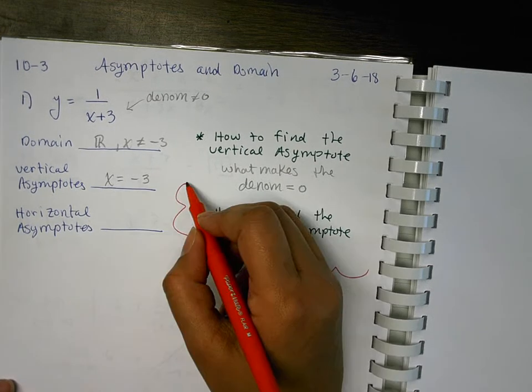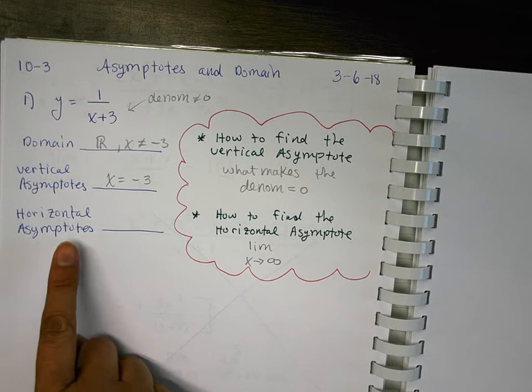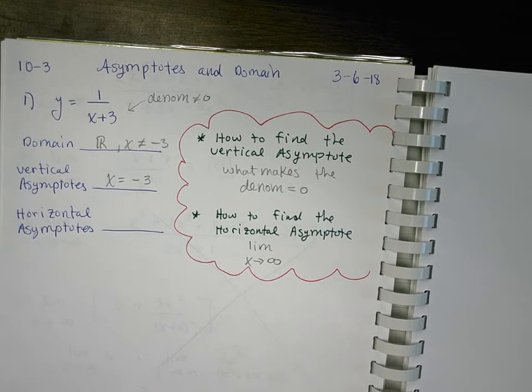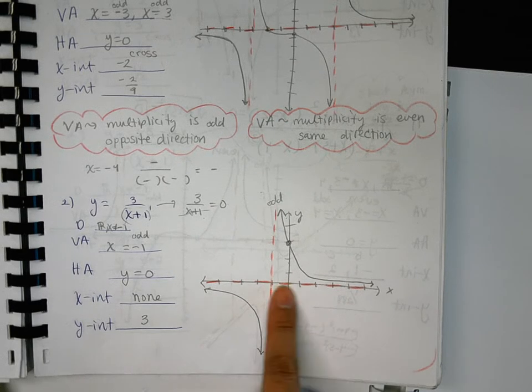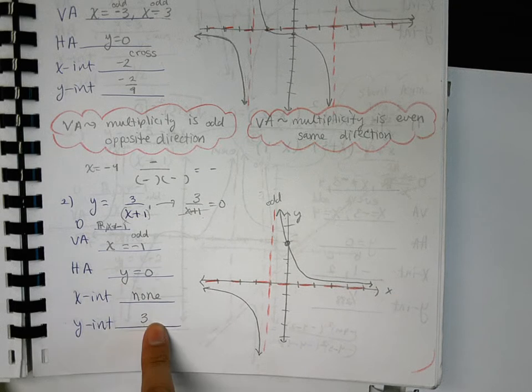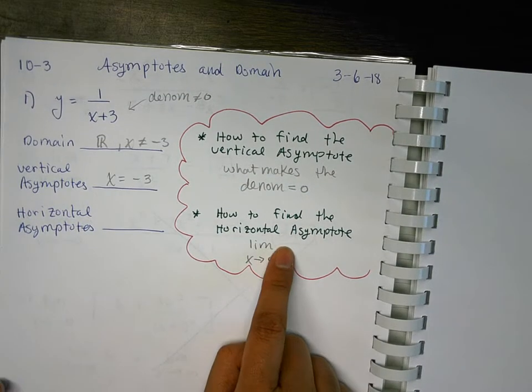No? Okay, so did you guys just do domain and vertical, maybe not horizontal asymptotes? Or do you guys just not remember? Don't remember? Okay, so did you graph stuff like this last year? So do you remember finding the vertical and the horizontal, the VA and HA, and the x-intercept and y-intercept? Yeah. All right.